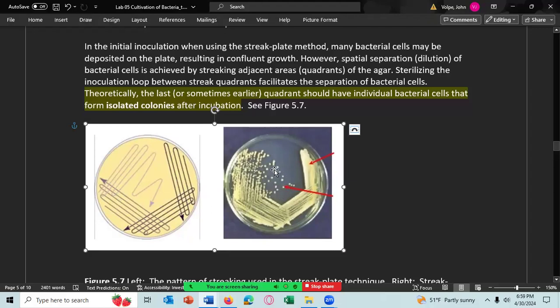It doesn't matter if this happens in quadrant 4, shown here, or quadrant 3, quadrant 2, and if you have a low enough dilution of cells from when you're starting quadrant 1, you could even get isolated colonies in quadrant 1. That did not happen here.